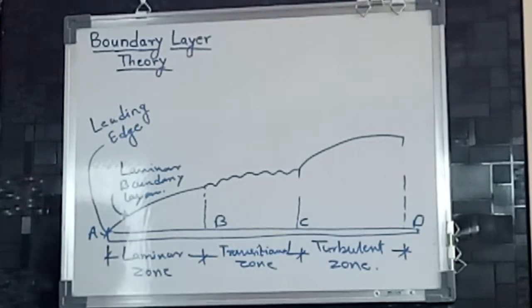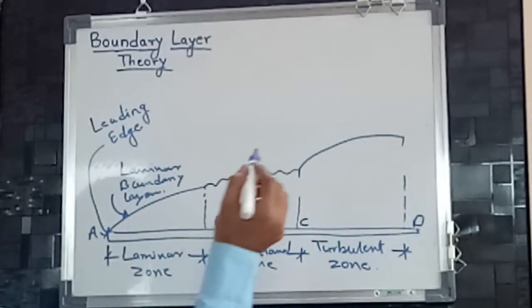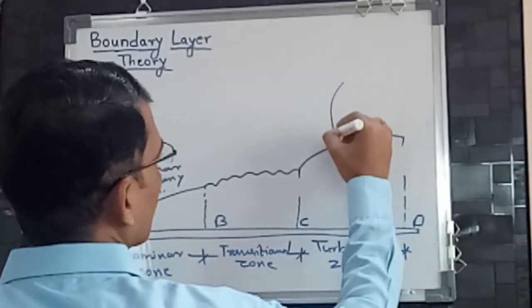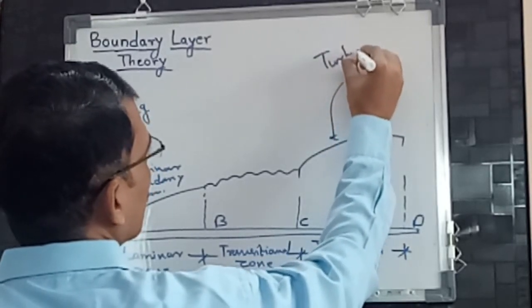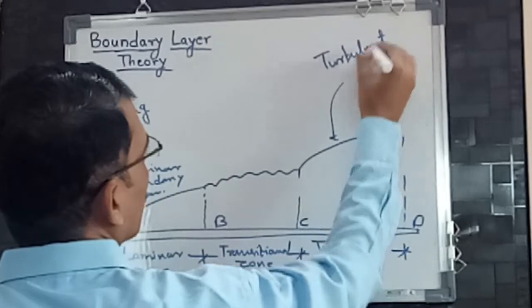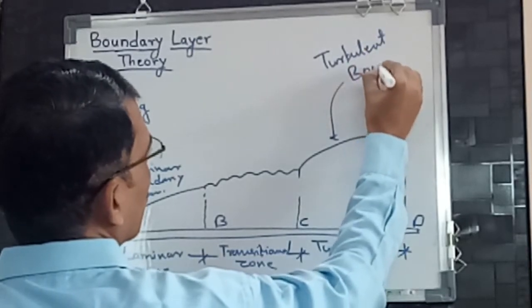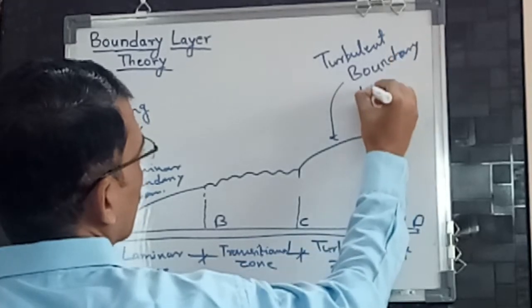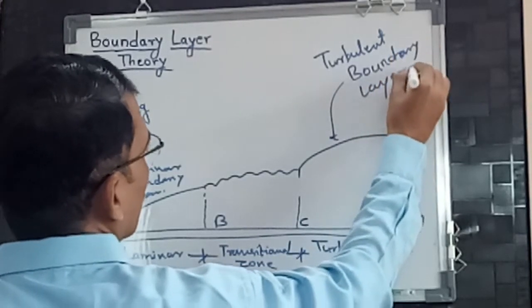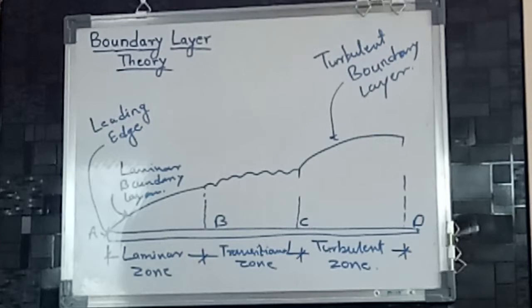And this is the turbulent boundary layer and the laminar sublayer.